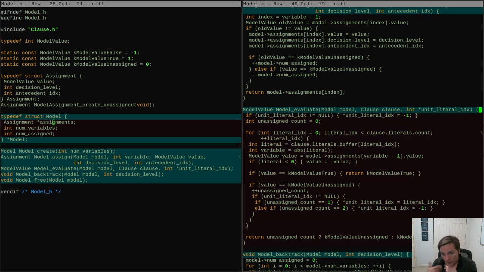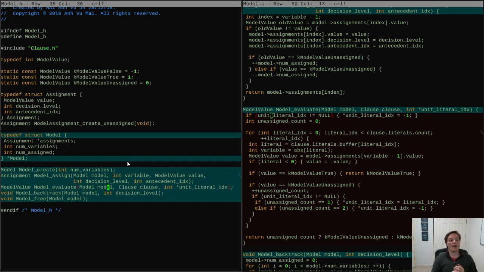Evaluate, what I would expect this to do is to figure out if the model is true or false based on the current assignment of the model. But it also takes a clause. Oh, so interestingly, this is like evaluate a clause. So this does not actually evaluate an entire formula because the model isn't a pointer to a formula.